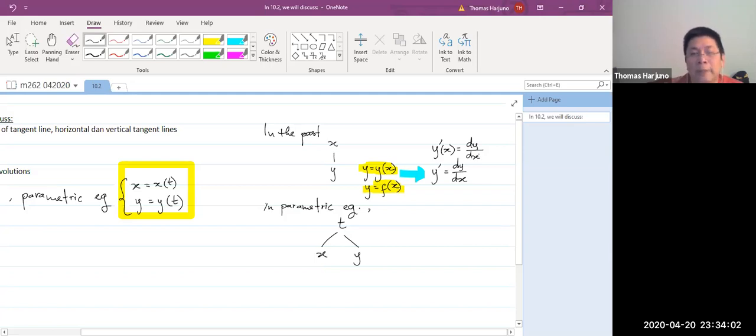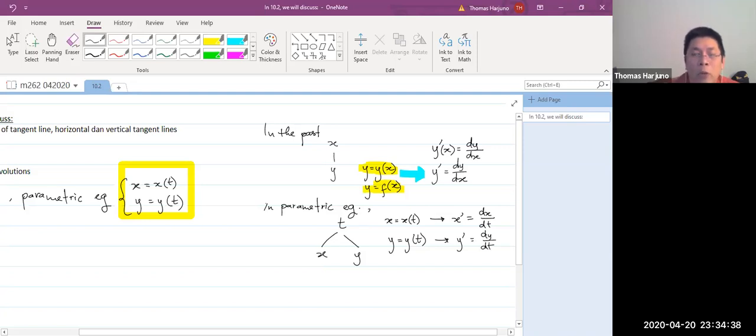That's what we did in the past. Right now, because x is a function of time t, when we write x prime, this will be understood as dx/dt. Likewise, because y is a function of time t, y prime will be understood as dy/dt.